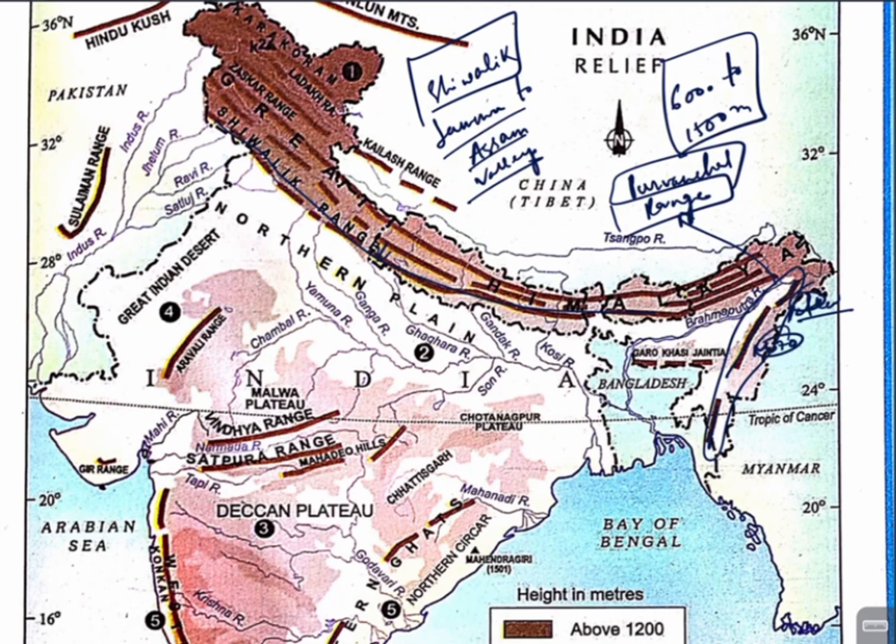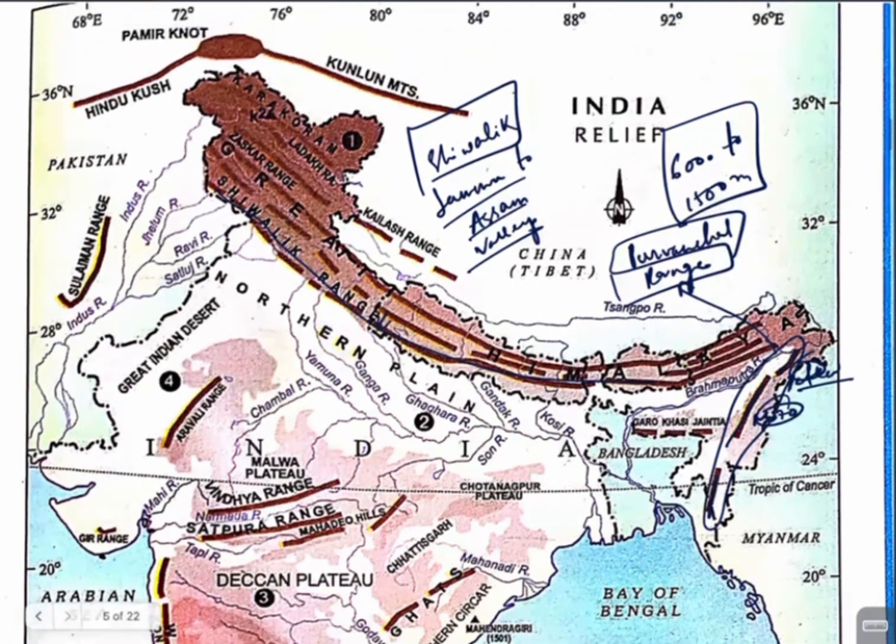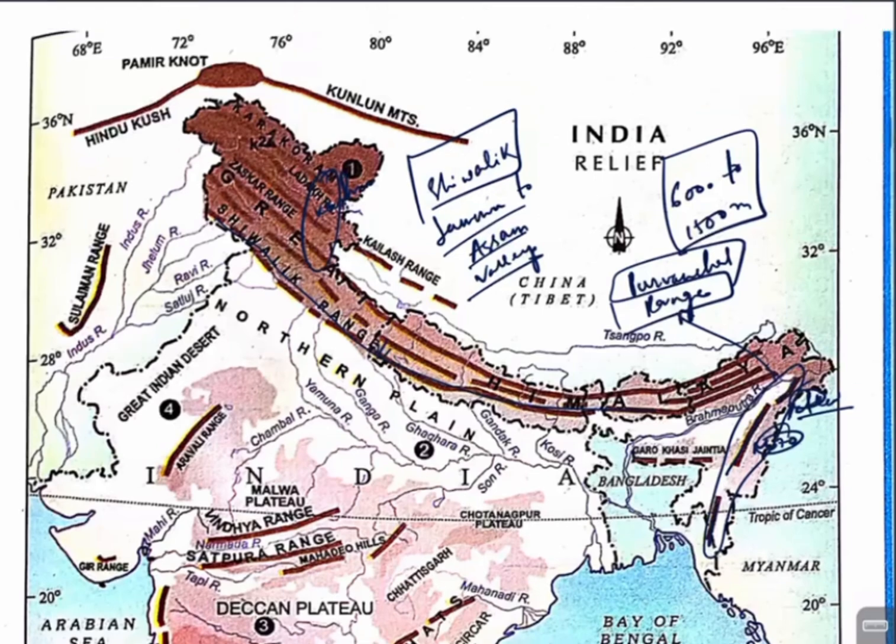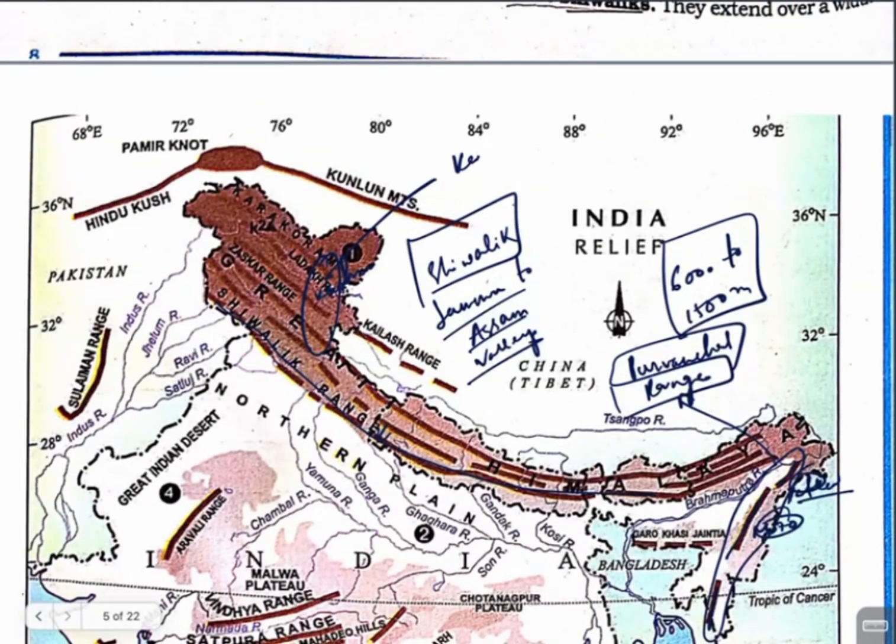We'll talk first about the Kashmir Himalayas. It is extended between two rivers, the Indus River and the Ravi River. This is the Indus River.